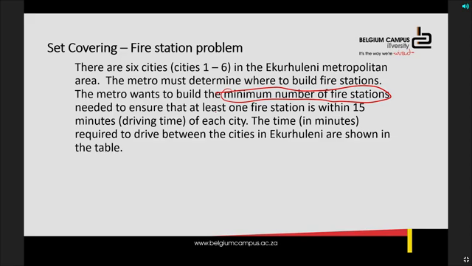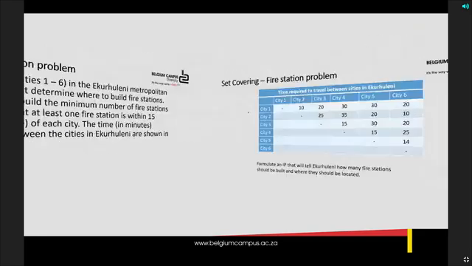Then we also need to ensure that there is at least one fire station within 15 minutes of each city. So that's a constraint. Then they give us the time in minutes that it takes to drive between the different cities in this table.